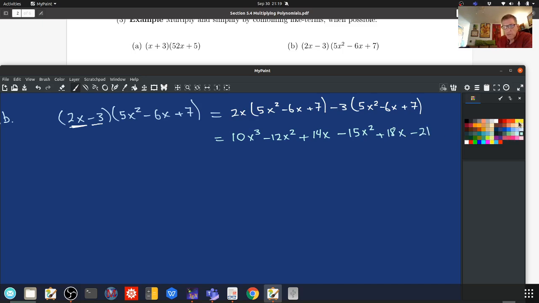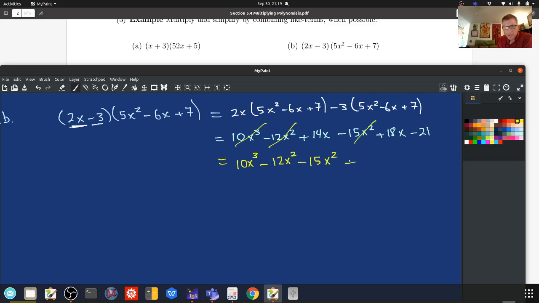So now what we want to do is collect like terms. And I'm just going to do it all at once. So 10x cubed. There are no x cubed terms other than that one. Then I'm going to write down minus 12x squared. And there's another x squared term.